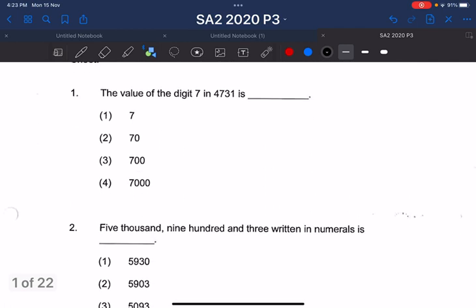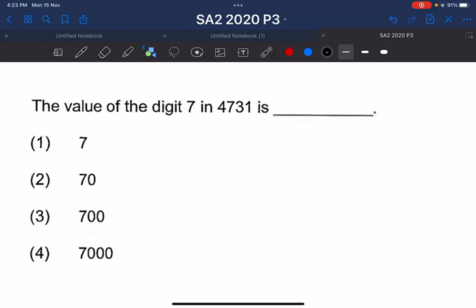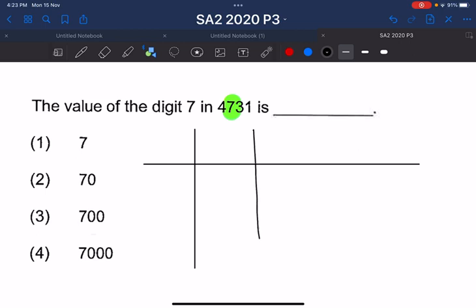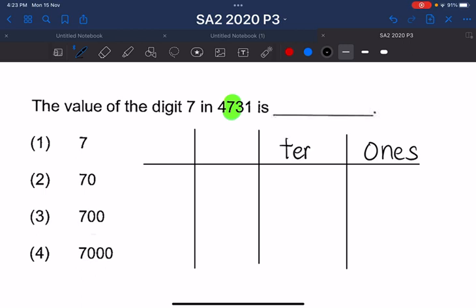Now question number 1 is about place values. So if you know your places well, then you are good. They are asking the value of the digit 7. So when you look at 7, you're looking at the digit over here. What I've suggested in class is you can revise using your place value table, starting with the ones, to the tens, the hundreds, as well as the thousands.